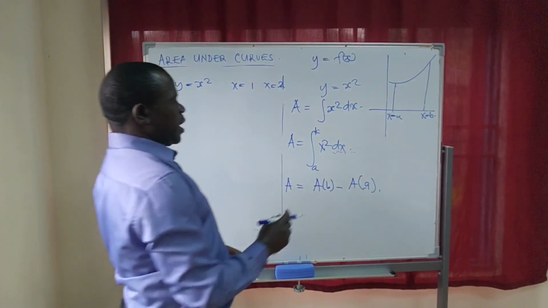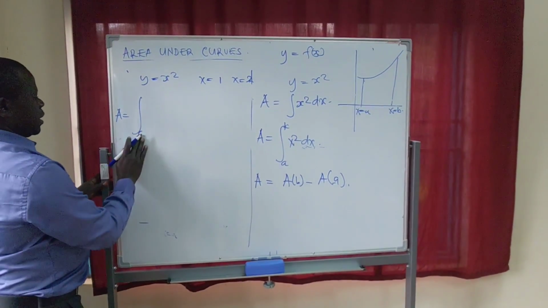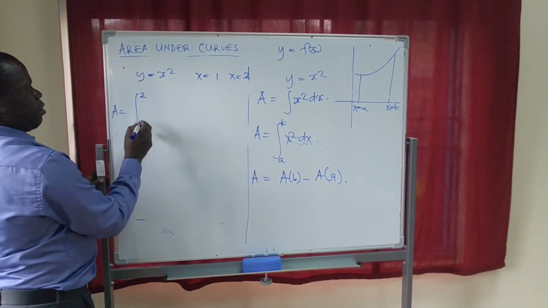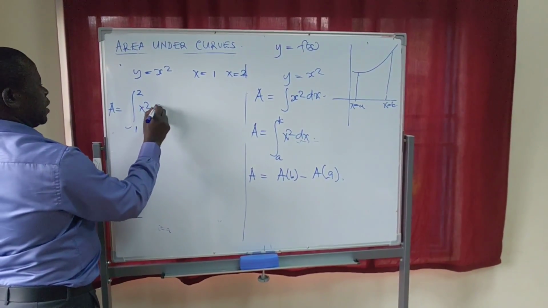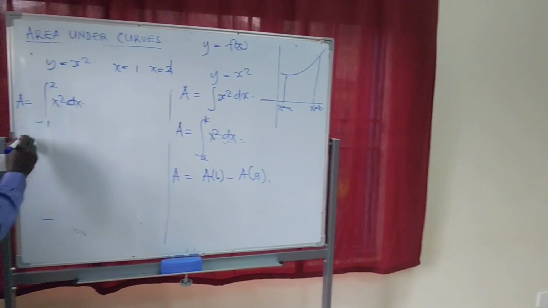So I'm finding the area from x equal to 1 up to 2. So it means I will now say the integral from x is 1 up to 2 of x squared dx. Of course, I shall integrate as usual.